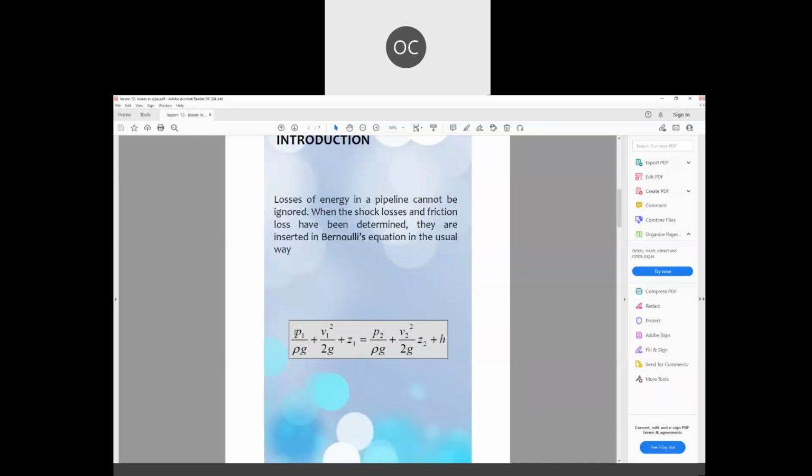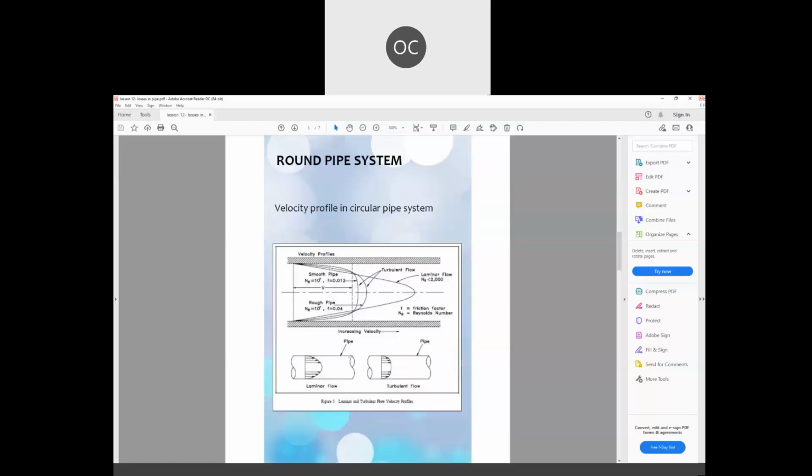This first term is the pressure energy. The second term denotes the kinetic energy, and last of all, the Z value denotes the potential energy. This will be the profile in the circular pipe system.